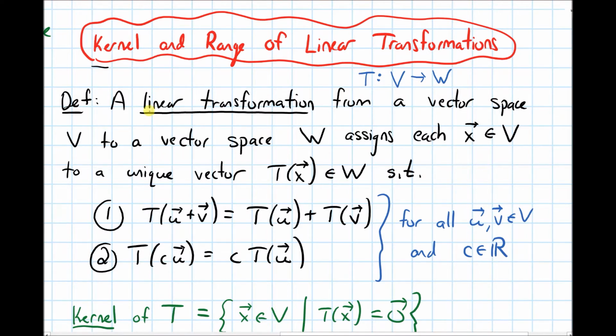And what makes it linear is it satisfies these two properties: T of u plus v should be equal to T of u plus T of v, and T of c times u should be equal to c times T of u, for any vectors u and v in the vector space V, so in the domain, and any real number c, so any scalar c.